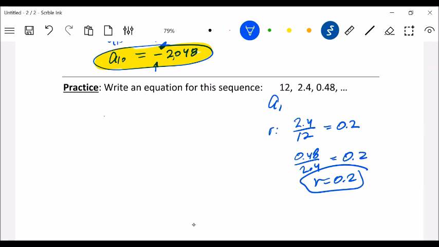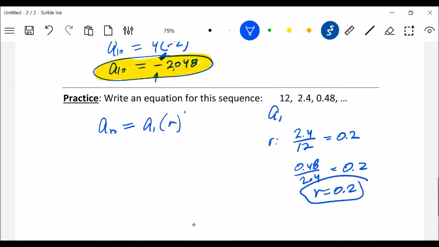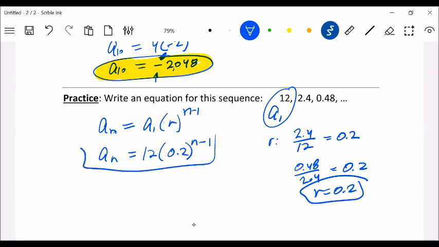And now let's make the equation. The amount at the nth term is equal to the amount of the first term times the ratio to the n minus 1. So we have two things to put in there, the 12 and the 0.2. AN is equal to 12 times 0.2 to the n minus 1.